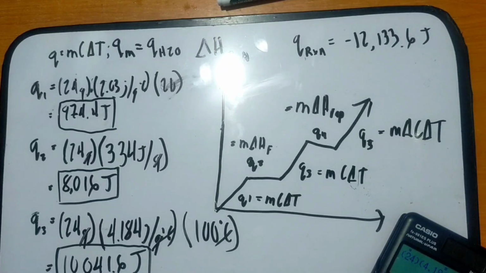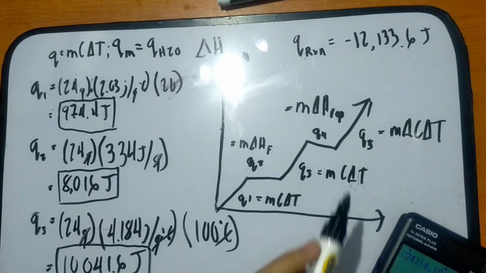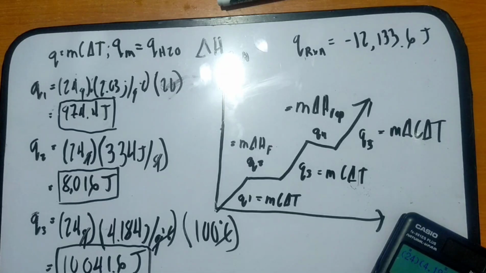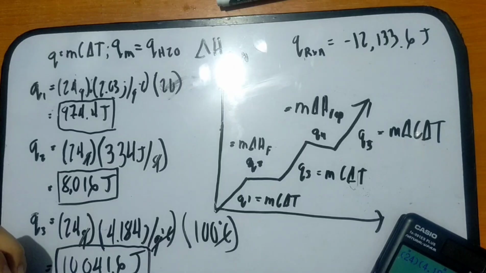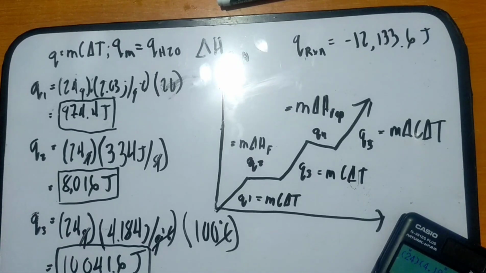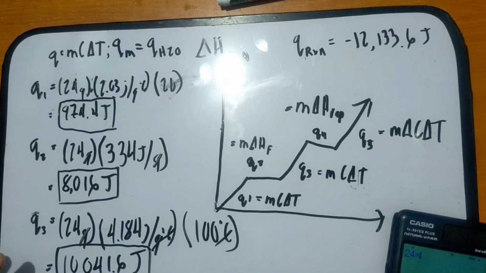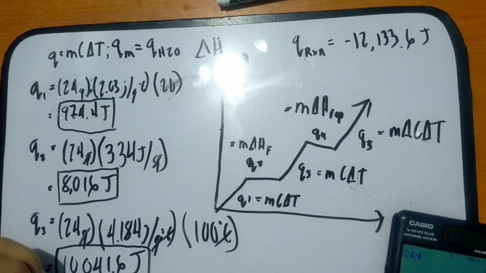Now, let's jump to Q4. So, our Q4 is M times vaporization. The heat fusion of vaporization. So, we have here the mass. Okay? Ang mass natin is the same. Since here, nakasulat dito is the heat of vaporization of H2O is 40.7 kilojoules per mole, and while given tayo ng 24 grams of water, ang mangyayari dito is we will do a stoich.